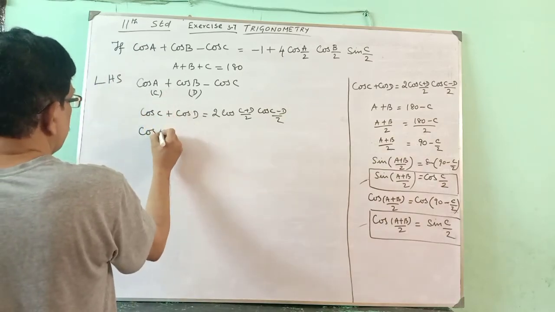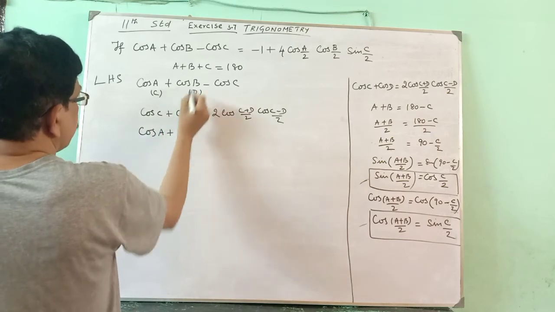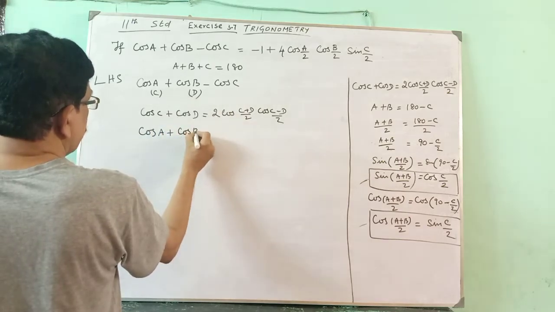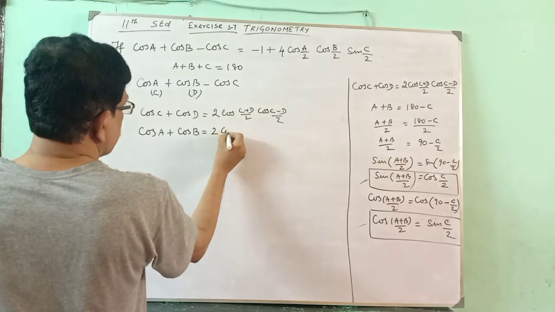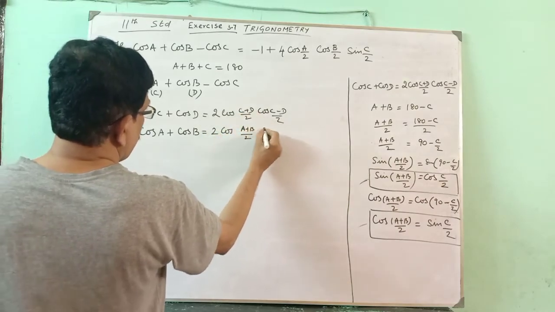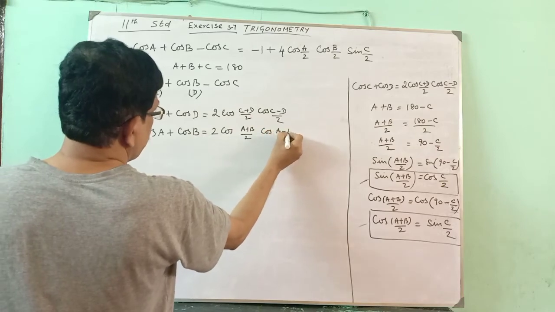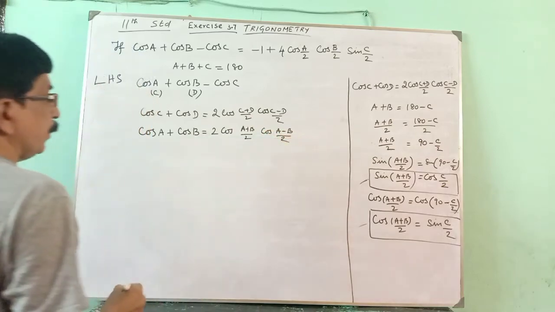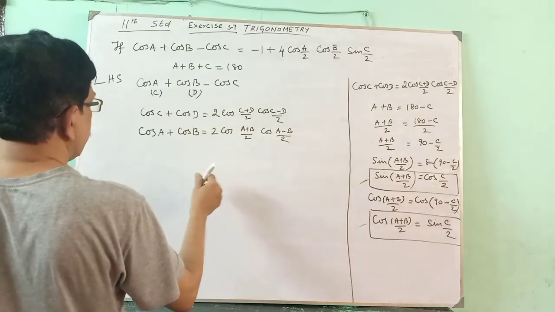Here C is A and D is B, so cos A plus cos B is 2 cos (A plus B by 2) cos (A minus B by 2).